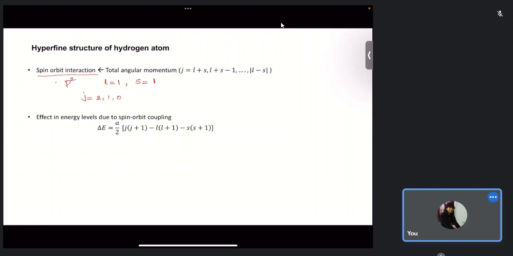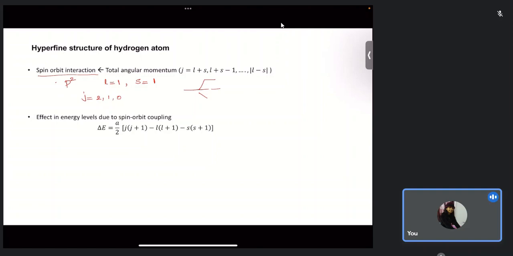Initially the P2 level has a degenerate energy level. It is split into 3 of them, something like this. I'm just giving you a pictorial representation. So basically, the degenerate energy levels are split into 3 because of the presence of spin orbit interaction.